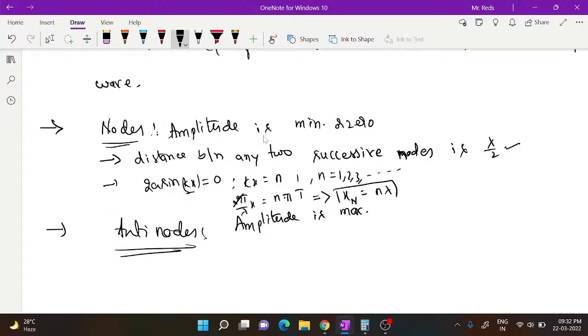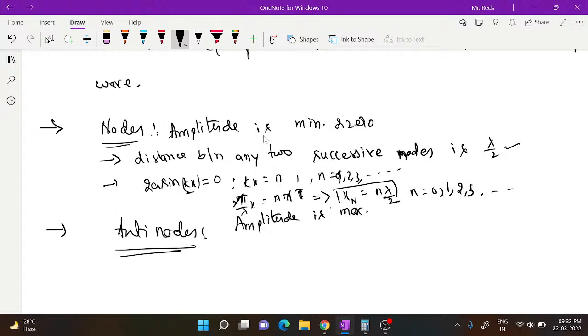So pi cancels, 2 will be there, so x is equal to n into lambda by 2. N into lambda by 2 means n can have values 0 onwards: 0, 1, 2, 3 and so on.